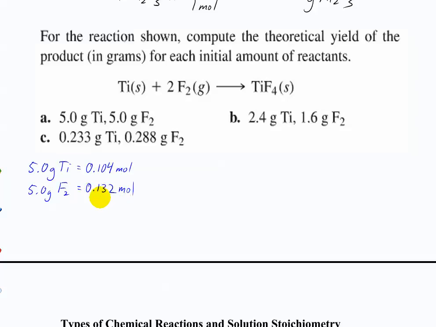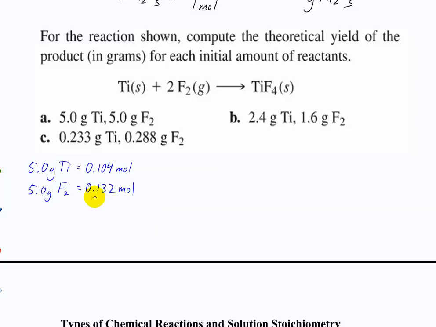So when we figure out the yield of titanium tetrafluoride, titanium 4 fluoride, which number do we use? The 0.104 or the 0.132 of fluorine? Yeah, the yield has to be based on fluorine because that's the limiting reagent.